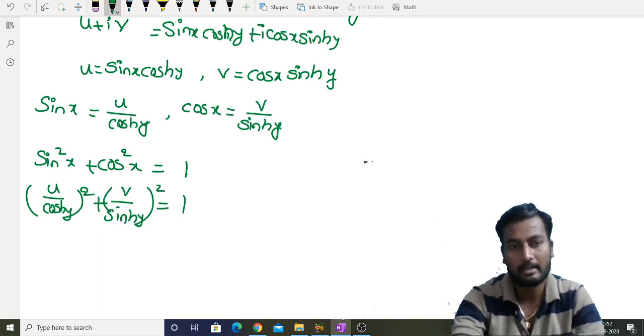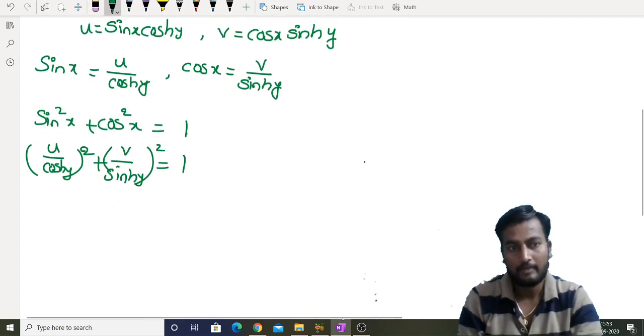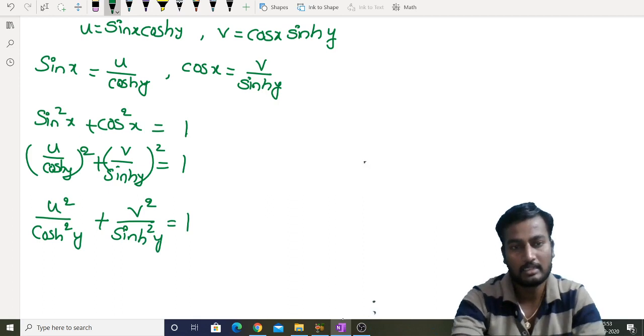After simplification, it is u square by cosh square y plus v square by sinh square y, which is equal to 1.